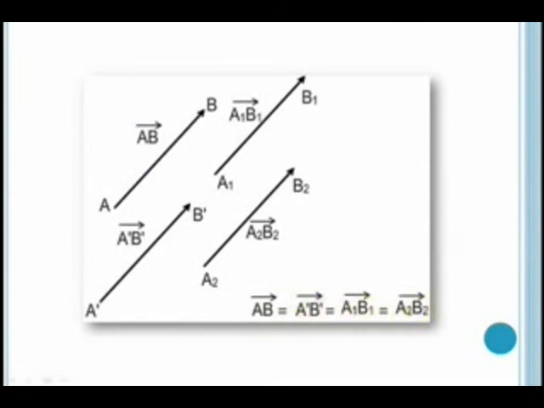Thus we can have infinitely many vectors which are equal to the vector AB. Also we should note that this is a way of representing a vector. This is the initial point, this is the terminating point, and we put an arrow above. So this represents that the vector AB is from A to B.